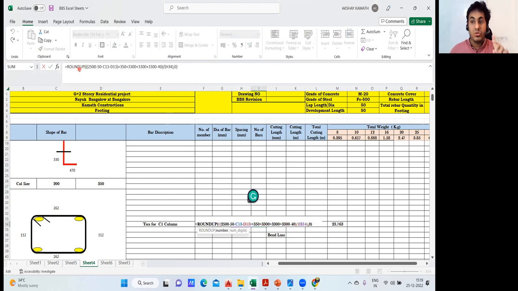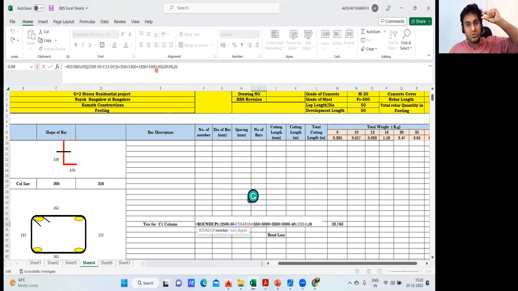First, I've done round up: 2500 overall depth minus your bottom cover 50 minus shorter span dia bar minus longer span dia bar. Plus 350 is the height of the plinth beam, plus 3300 ground floor to first floor to second floor, and then third floor, that is your roof floor. Minus 40 is for the cover.